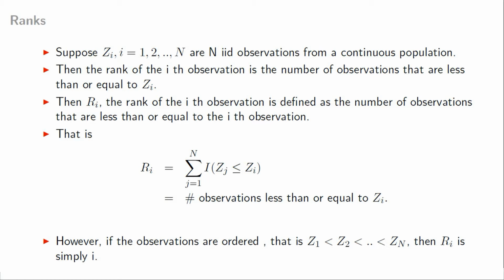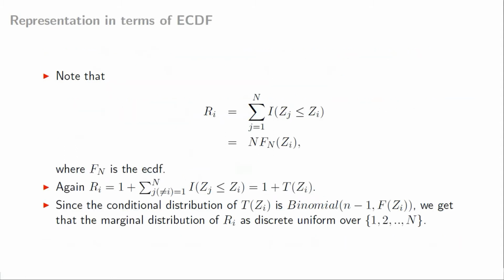That is, as we have defined earlier, Ri is nothing but the number of observations less than or equal to Zi. However, if the observations are ordered, that is Z1 less than Z2 less than up to Zn, then Ri is simply i. Now, we shall show how ranks can be described in terms of the empirical cumulative distribution function.